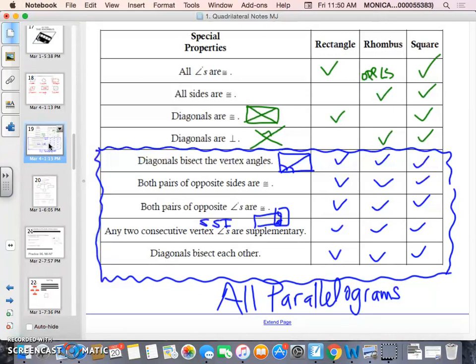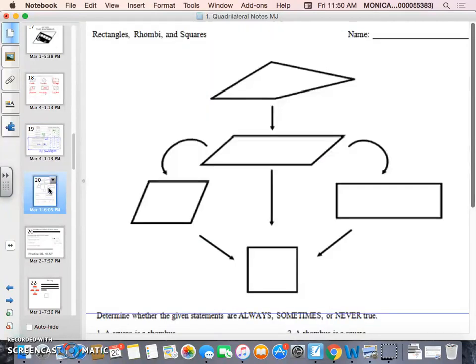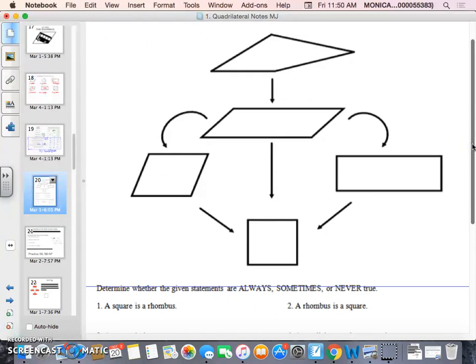Okay, so now what I'd like you to do is to review your notes, pause the video, and see if you can label. Here are some pictures. Label what you know on the pictures based on what we learned. So this is a parallelogram.